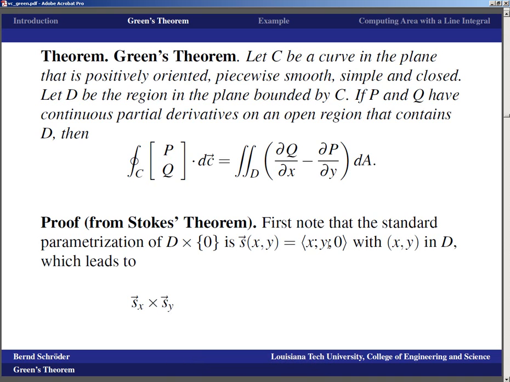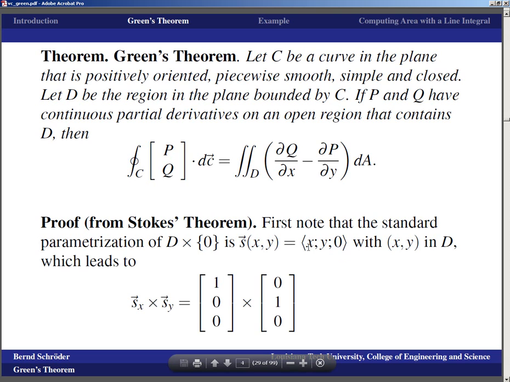Well, the x partial is the first unit vector and the y partial is the second unit vector, right? dx is 1, and then you get zeros, and dy is 1, and the other components give you 0. And the cross product of the first unit vector with the second unit vector, you can just look at that with 3 fingers or compute it directly. Well, you get first component 0, second component 0, third component 1. So this is (0, 0, 1), which is the unit vector in the z direction.